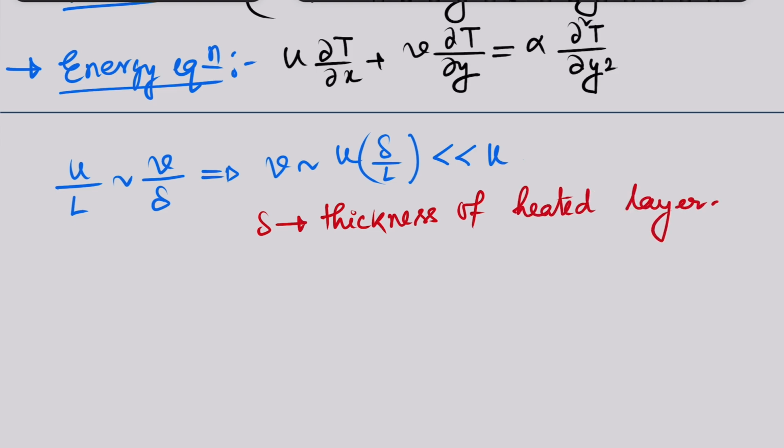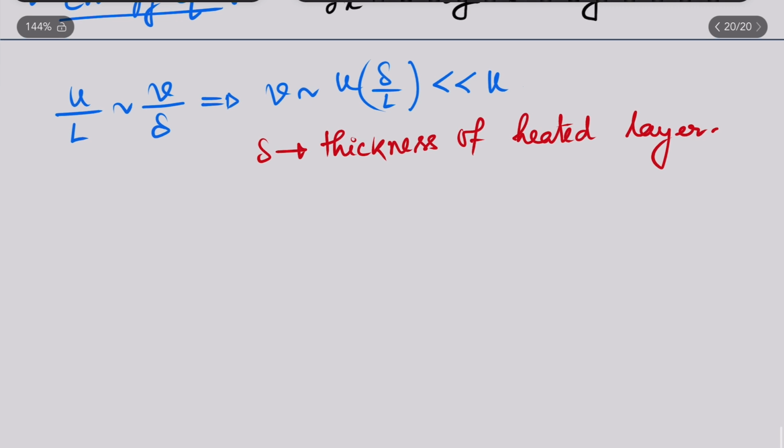Because neither are we considering that our Prandtl number is much greater than 1 or much less than 1, we will concentrate in the region of the heated layer. So this we know, and what else do we know?